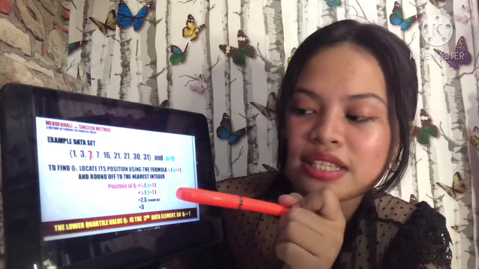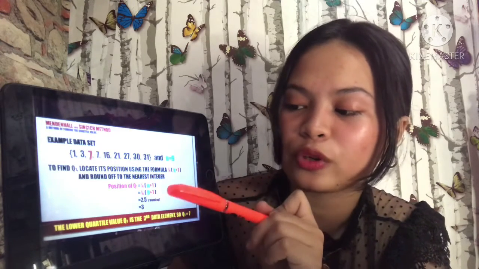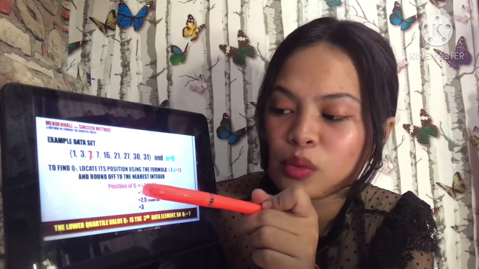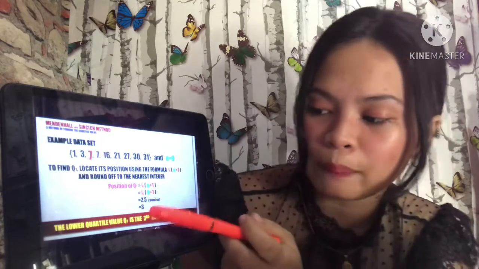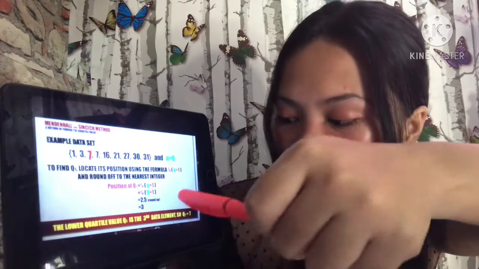You might wonder why it became 2.5. To get that, 9 plus 1 is equal to 10. Then you multiply it by 1 in the 1/4, and divide it by 4. That gives the answer 2.5. Then we round up and get 3. The lower quartile value, quartile 1, is the third data element.